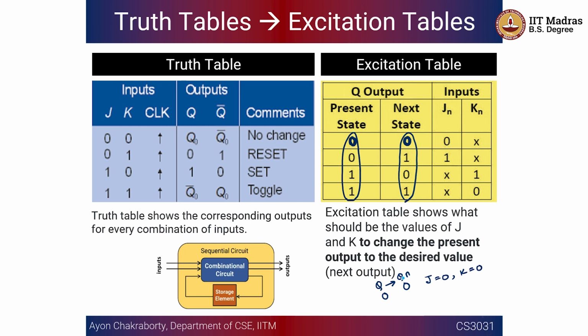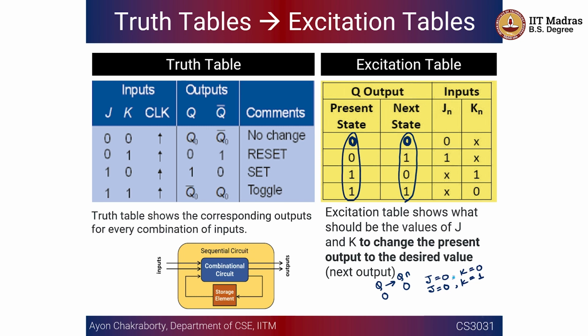Or somebody could have tried to reset the value of q to 0. That is also acceptable. So somebody could have also given j equal to 0 and k equal to 1, which says that you are trying to reset the circuit and q is going to be cleared to 0. Okay, both of them are acceptable, where q equal to 0 and the next state is also going to be 0.